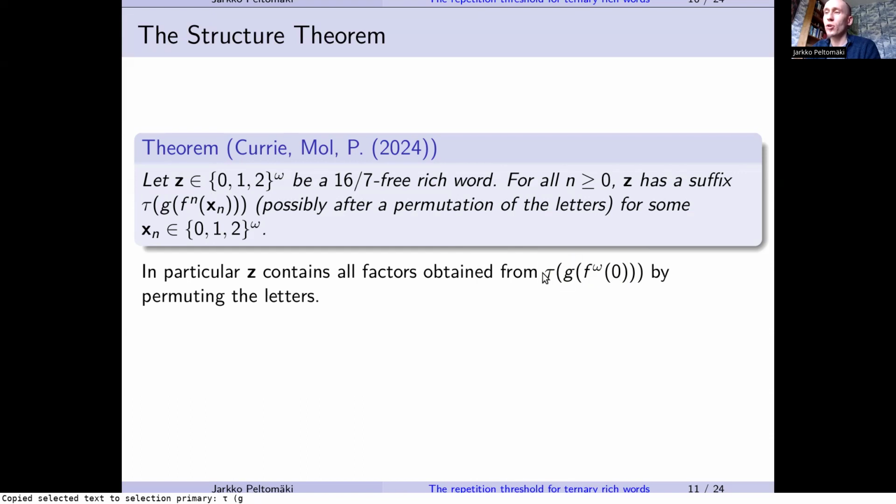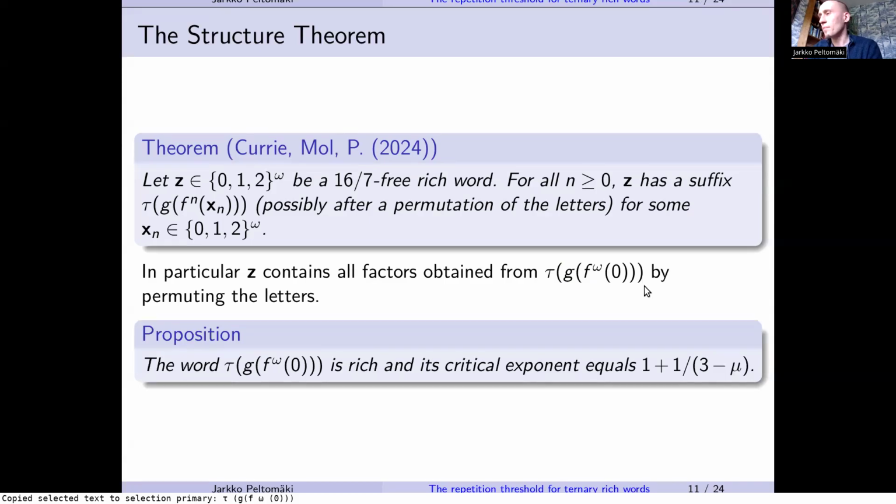That infinite word, all of its factors are found in Z. So it means that the critical exponent of Z is at least as high as the critical exponent of this infinite word. So deriving the repetition threshold then amounts to proving that this infinite word indeed is rich, and its critical exponent is this number, which is the repetition threshold for three letters.